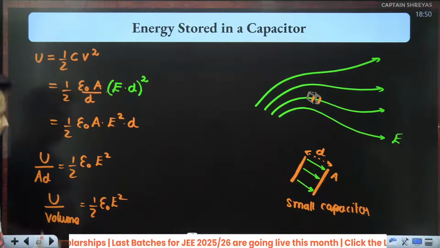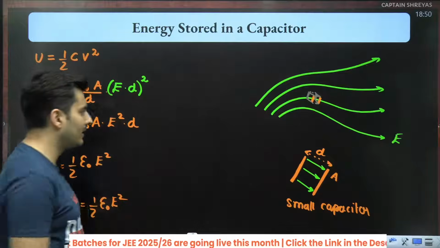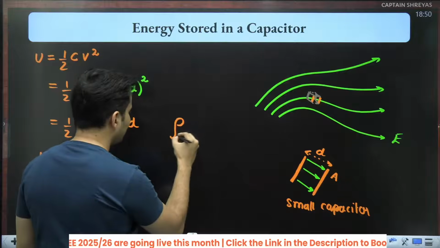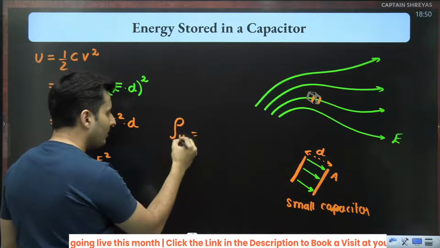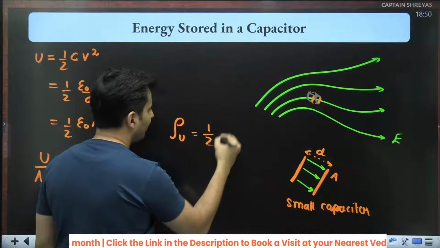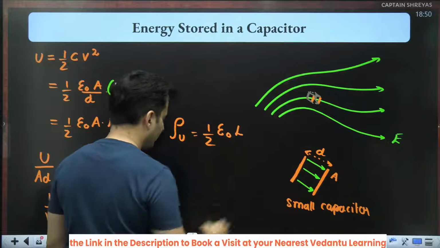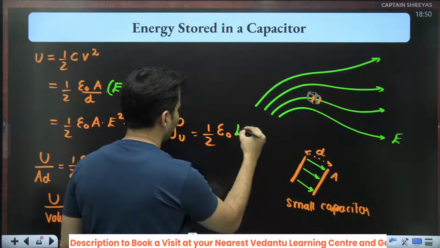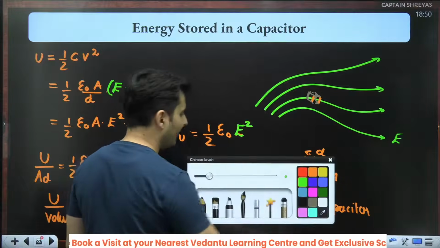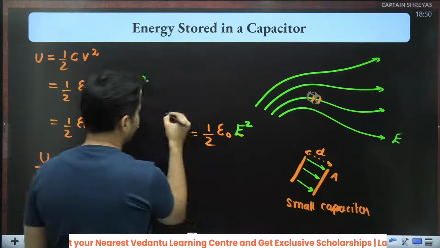This energy per unit volume is called the energy density. So that symbol is rho U, density, but for energy, is half permittivity into the field at that point square. That is the formula, guys.